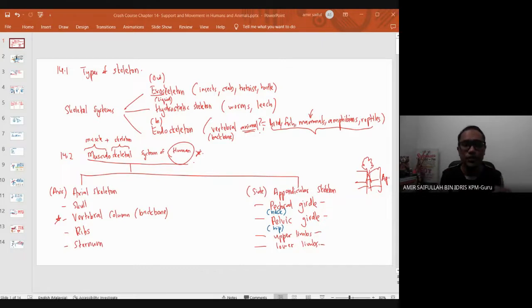So, yang lain itu sudah fuse. They already join. Okay? Dulu dia 2 bone. Tapi bila kita grow as older and older, the bone can fuse together. So, that's why the number reduces. Okay? From 270 something to 206. So, a normal adult will have 206 number of skeleton.